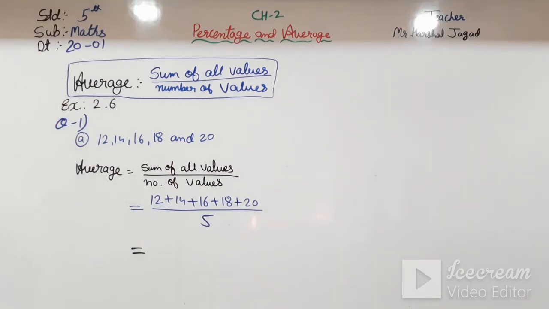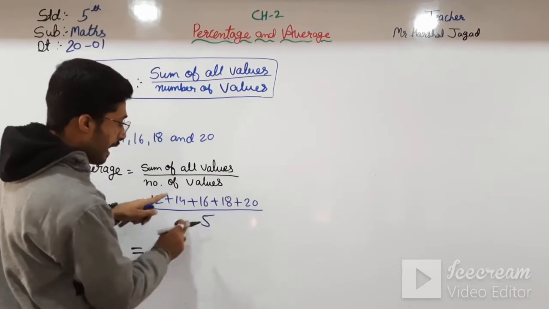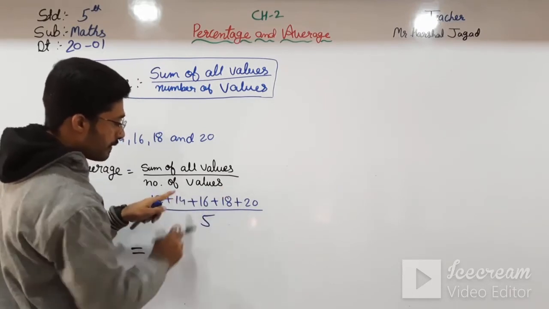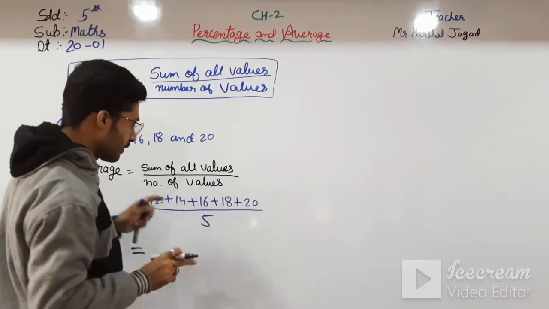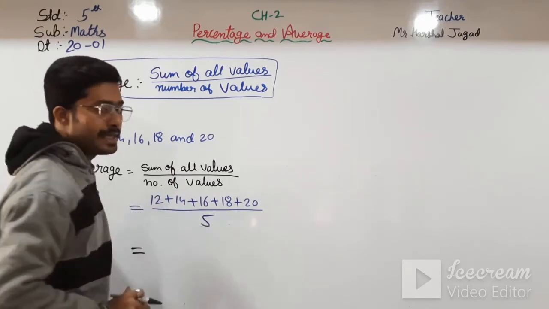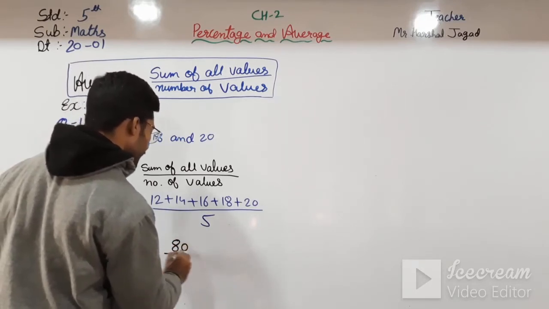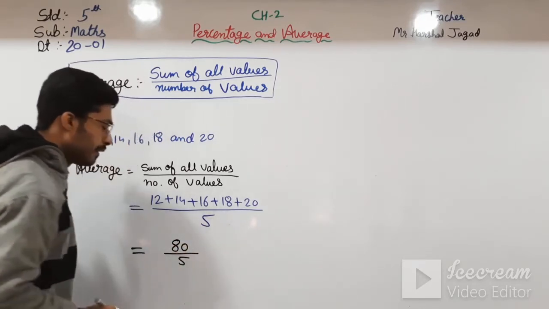The total sum: I can say 12 plus 18, that is 30, and 14 plus 16, that is also 30. So 30 plus 30, that is 60. 60 plus 20, 80. So here it will be 80 upon 5.